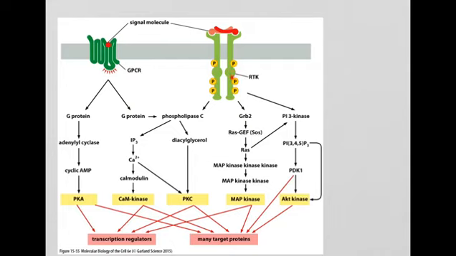Because, for example, receptor tyrosine kinases as well as G proteins can activate phospholipase C, you can get that calcium spike associated with that pathway and all of the things associated with calcium spikes, including calmodulin, protein kinase C, and, as we'll talk about with nerves, neurotransmitter release.